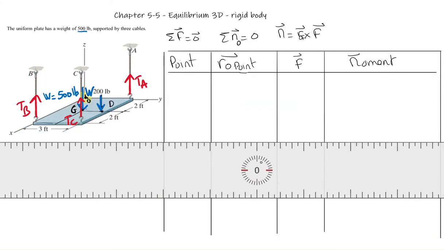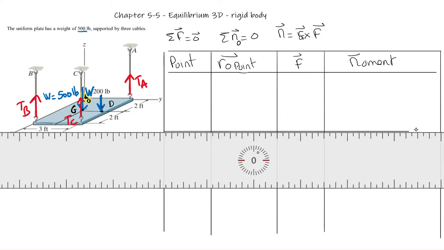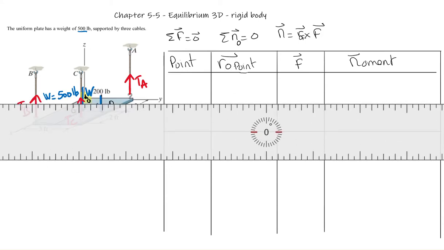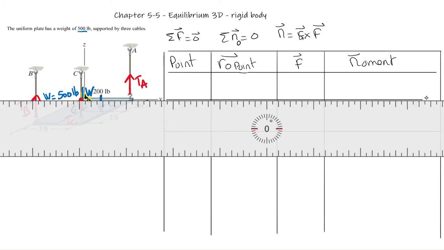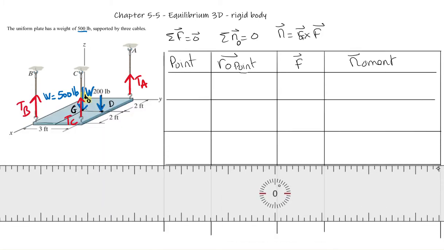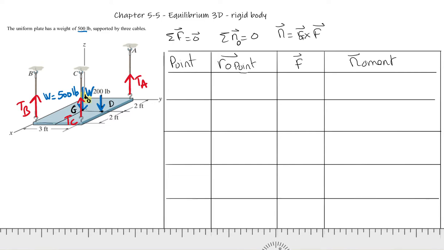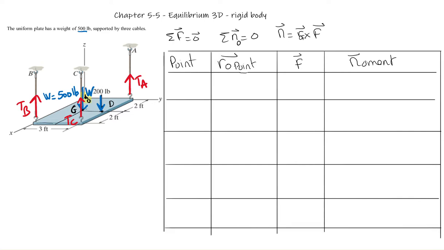I make 5 rows for my 5 points, roughly equal rows. Here we go. So for the point, we have A. Most of the time the question is, why do I call this point A?